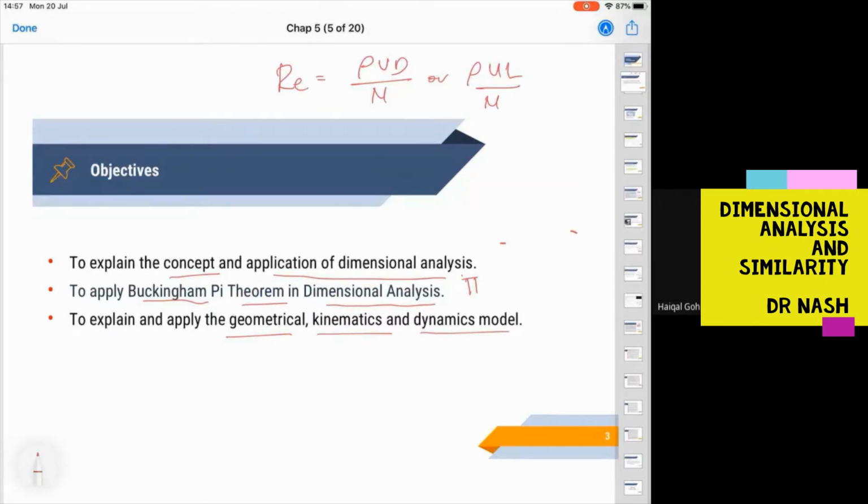For example, if you want to have similarity between, let's say, apa nama ni, kereta yang kita test dekat dalam wind tunnel for example, and then we downsize, kita kecilkan kereta tersebut, and then kita kata kereta ini we want to test in the wind tunnel so that it can get the real situation of the car running in a snowy situation for example, atau dekat area yang very dry, ataupun with specific velocity and so on.